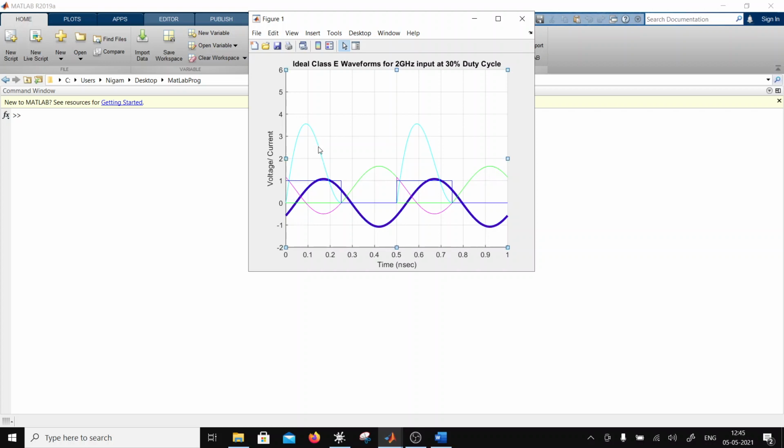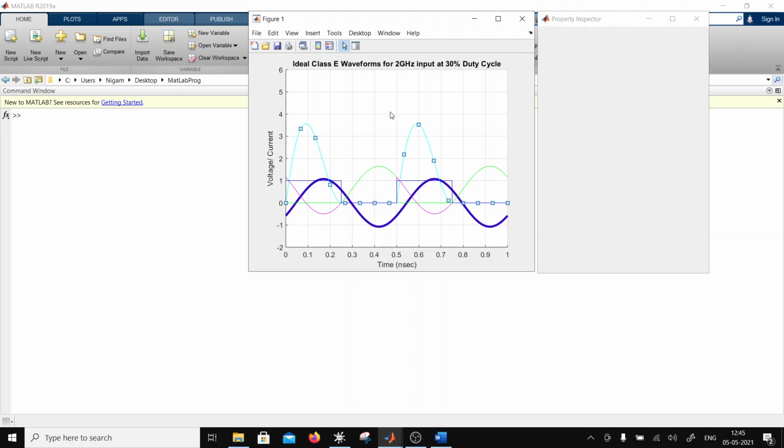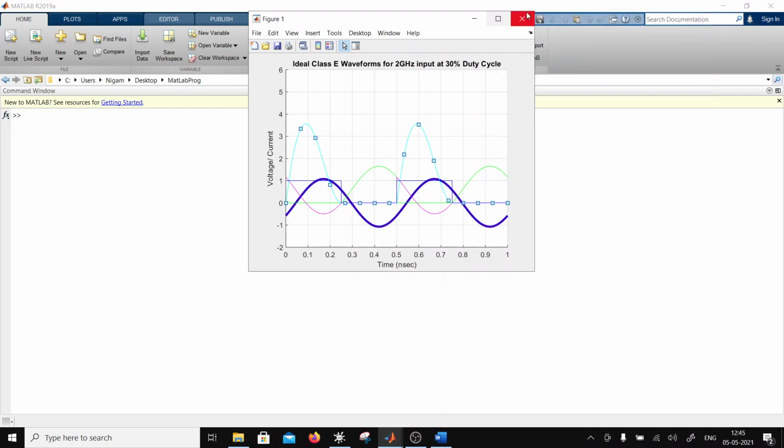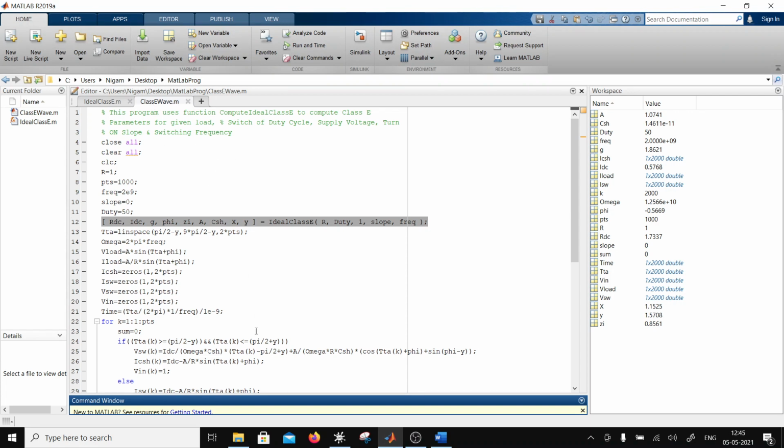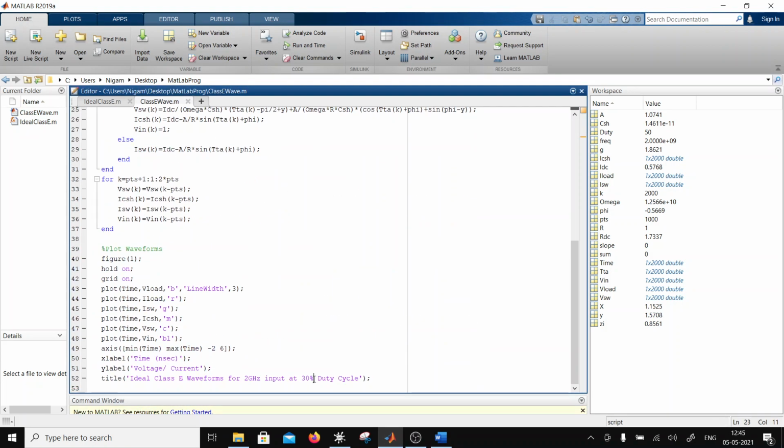Let me put this as a brown color. So it's not 30%, it's 50%. Okay, I'll run this again. I'll just change it in the program. So I'm plotting this for 50% duty cycle, so let's put here 50%.